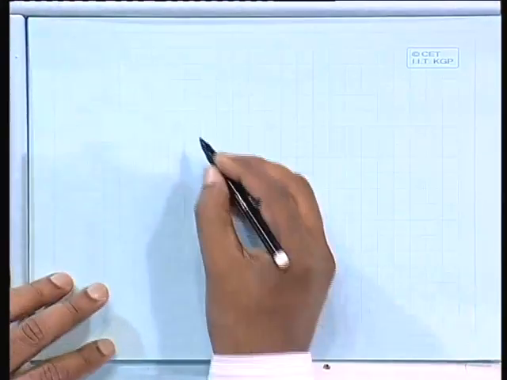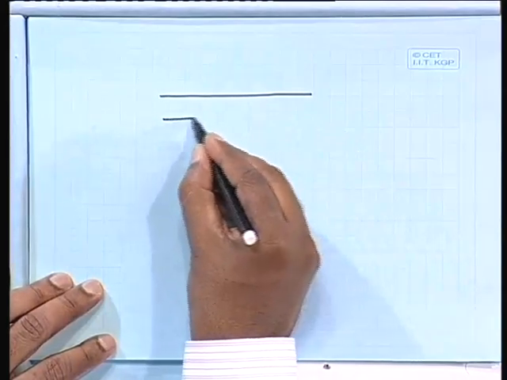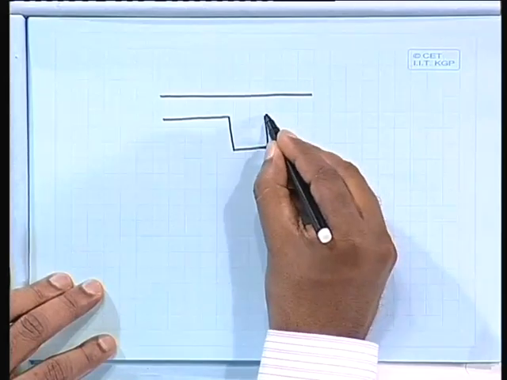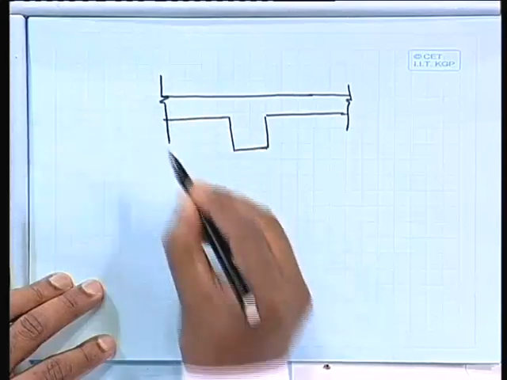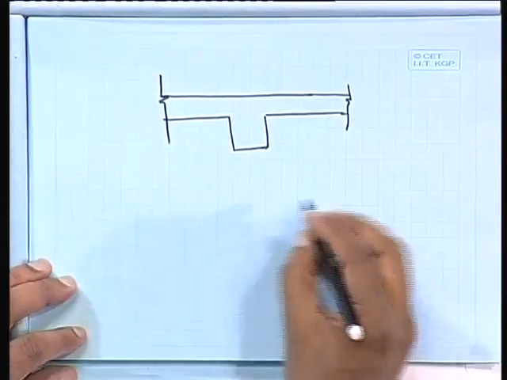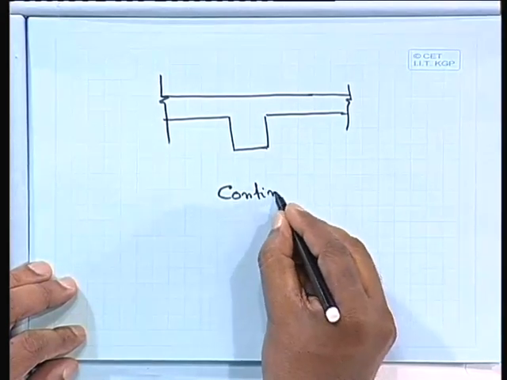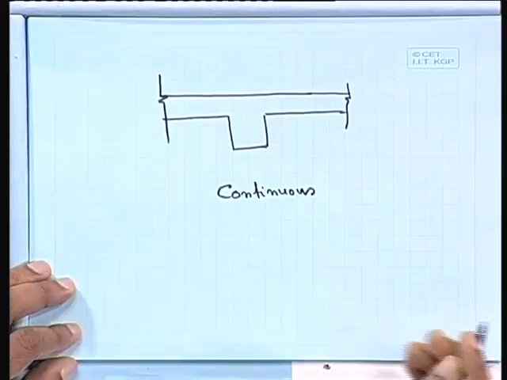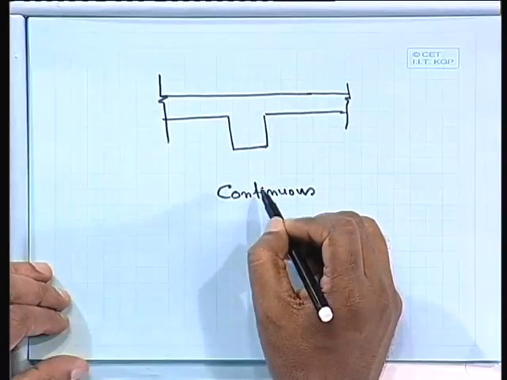The other one we can take is the continuous. So, continuous support, it may be beam or it may be wall also.